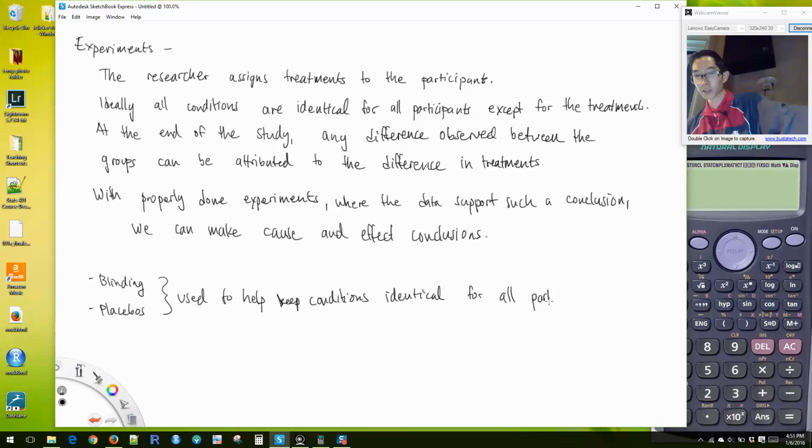Because we don't want the participants to even know which treatment they're getting, because that would create a different set of conditions. If this group knows that they're getting this treatment and this other group knows they're getting the other treatment, then just that knowledge creates a different set of conditions. So by blinding or using placebos, we are trying to create identical sets of conditions.